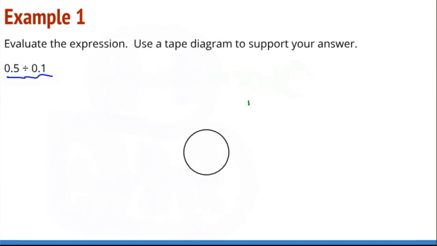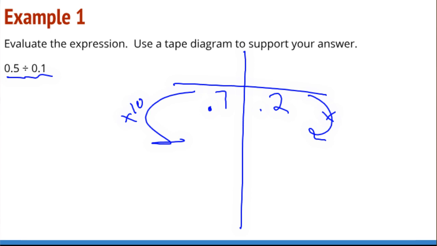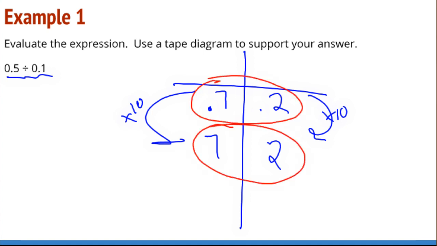If I were to put it into a table format, I have 7/10 and 2/10, and if I multiply them both by 10, like we do when we do equivalent ratio tables, I would have 7 and 2, and this ratio here is equivalent to this ratio here.